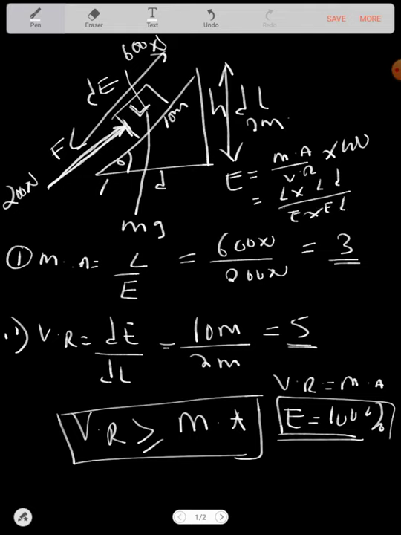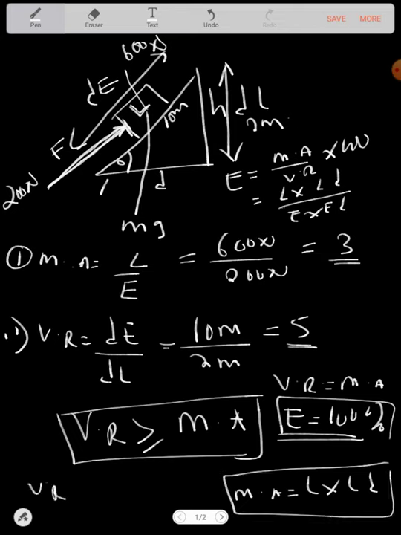That's another way. Mechanical advantage can also be found by load over effort, and velocity ratio by effort distance over load distance. That's some of the things that can help you find one or two things from there.